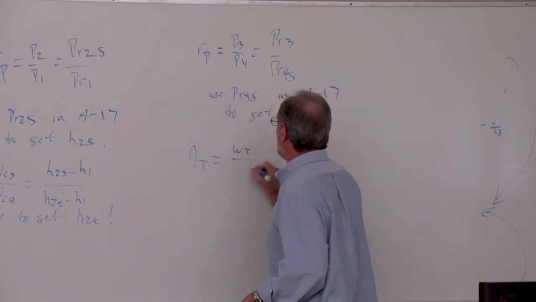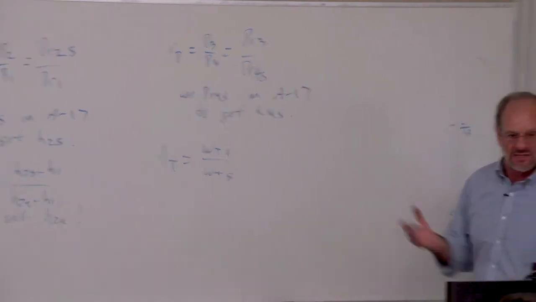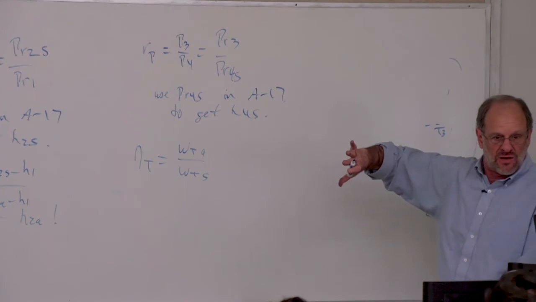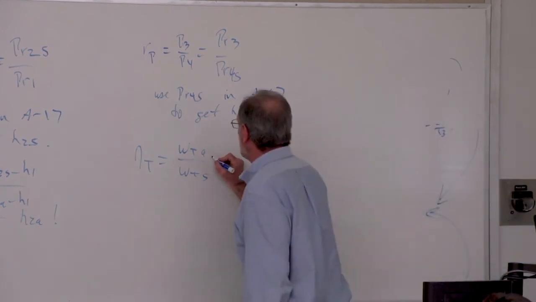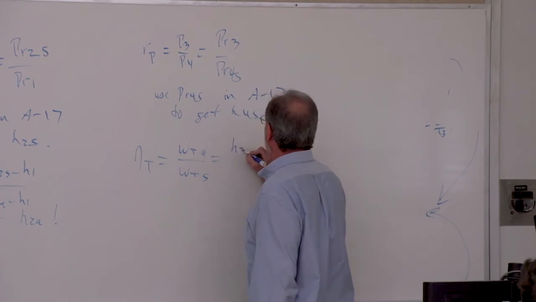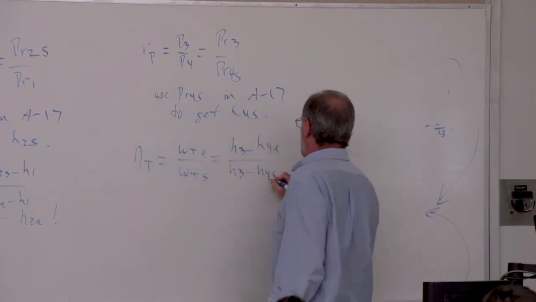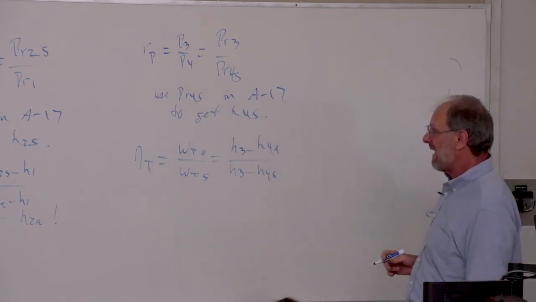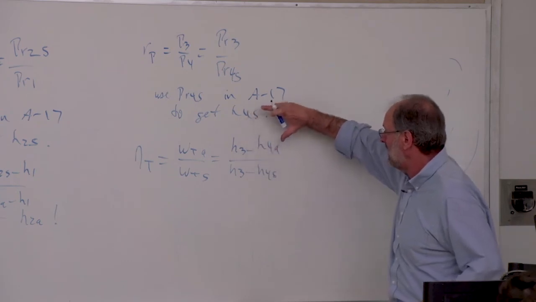Now keep in mind that the definition of isentropic efficiency for a work output device, a turbine, is the inverse of that for a compressor. It's the actual work over the ideal work. So the actual work is going to be H3 minus H4 actual. The ideal work, H3 minus H4S for ideal. And we'll already know from above H4S, we'll know H3.